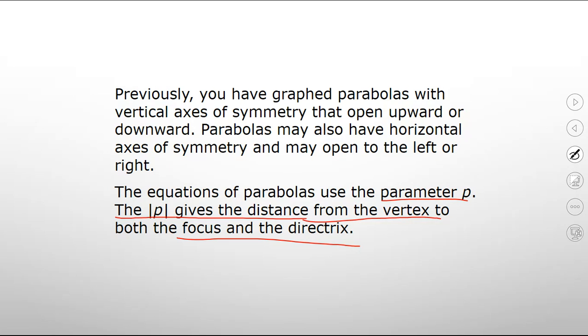So the distance from the vertex to the focus is going to be the same as the distance to the directrix. It wouldn't matter either way. They're going to be the same distance. But if we know what that distance is, we're going to be plugging it in for P in our little vertex form of our equations.